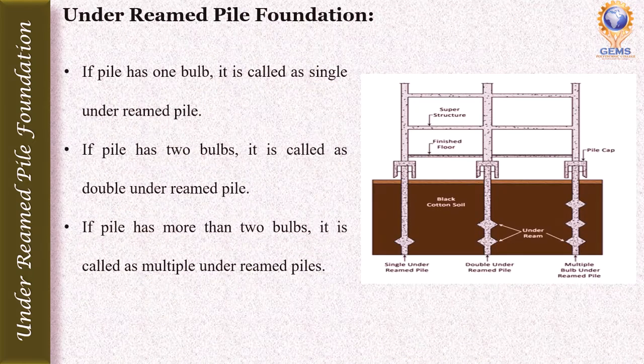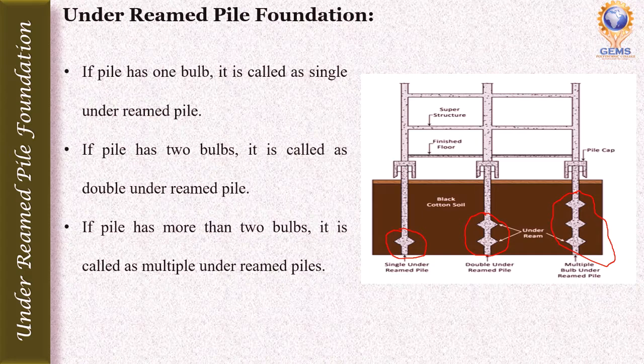If the pile has one bulb like this, we call it a single under reamed pile. If the pile has two bulbs like this, we call it a double under reamed pile. Where the pile has more than two bulbs like this, we call it a multiple under reamed pile.